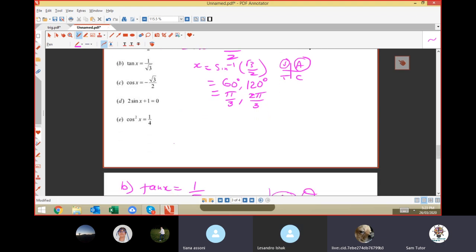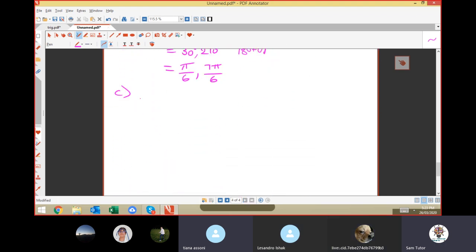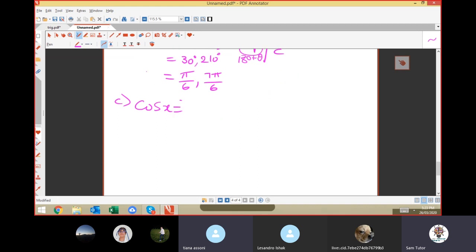C. Cos x equals negative root 3 on 2. Very important note here. You're going to hear me say this again more than your teachers, because your teachers won't do it this way. We will not inverse a negative.